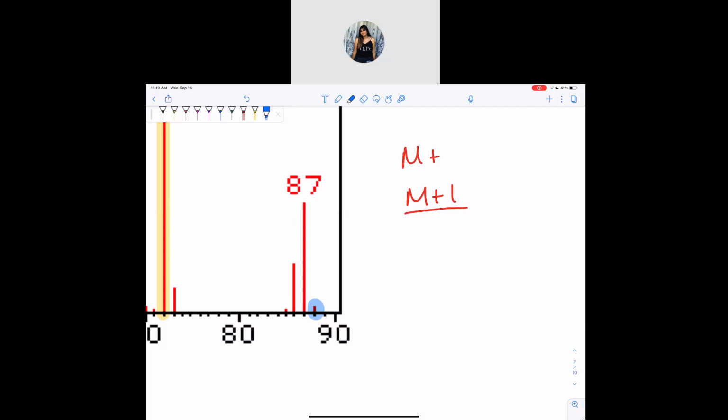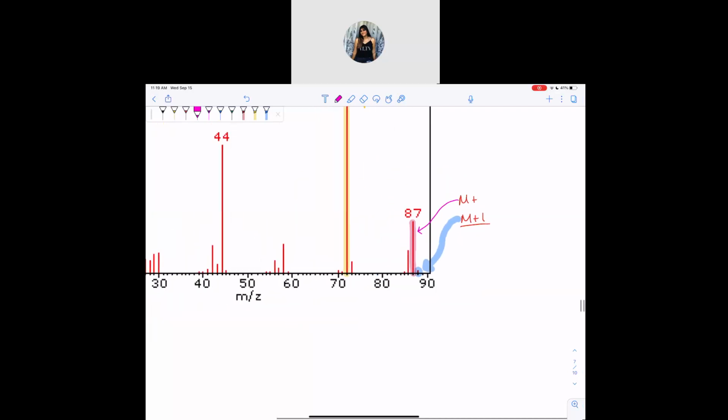So I'm going to say that is the M+1. And we know that the M+1 is always 1 down from the M+, so we're going to say this guy is the M+ peak. So our M+ peak is at 87.